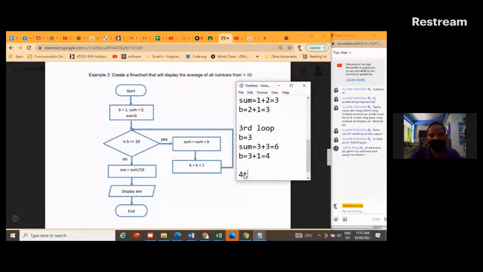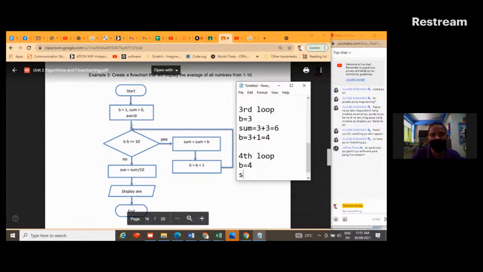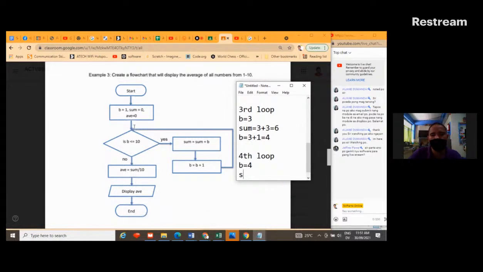And you have fourth loop. B here is already equal to 4. Then you have sum equals the value of our sum, which is 6. This is the formula, this is the symbol, and the value of our sum is 6.